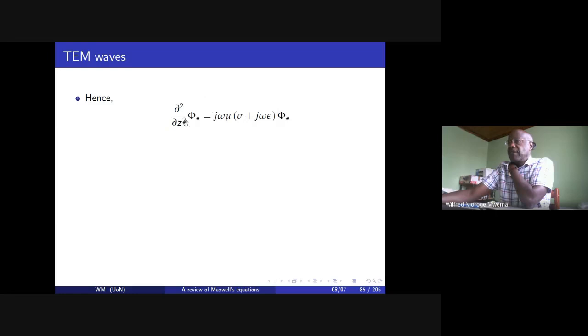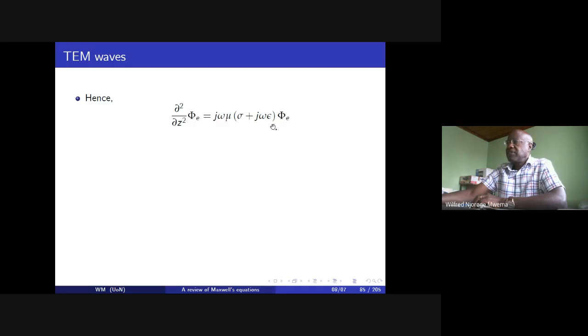If you recall your transmission line expressions, the ones called the telegrapher's equations, we have d squared/dz squared of v(z) equal to minus omega squared L multiplied by C and multiplied by the same function. So this is exactly in the same form as the telegrapher's equations that you have met before.